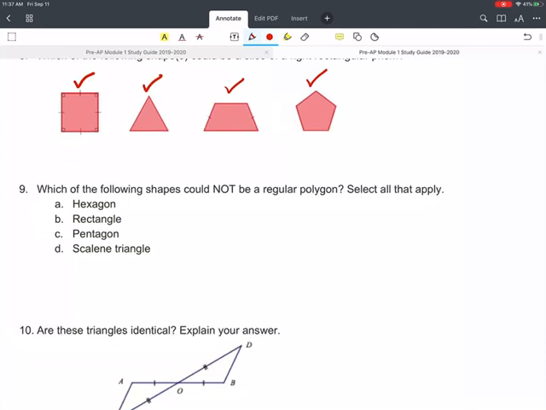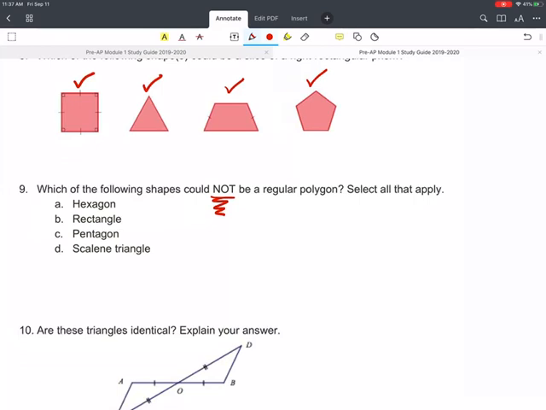Alright, which of the following shapes could not be a regular polygon? The key word here is not. And a regular polygon, remember, has to have the same angles and same side lengths. Select all that apply.